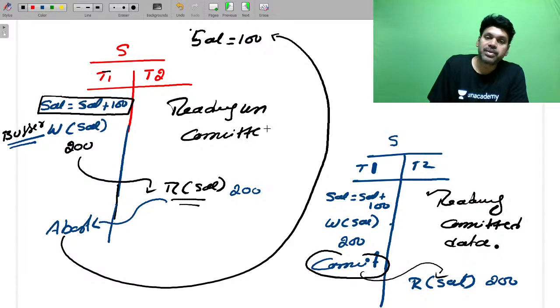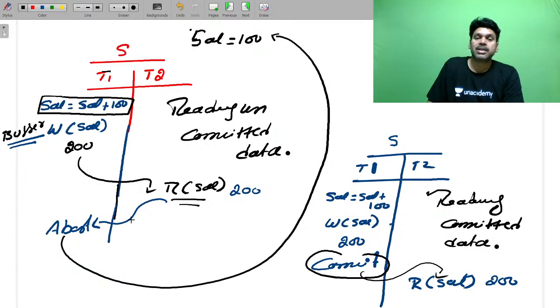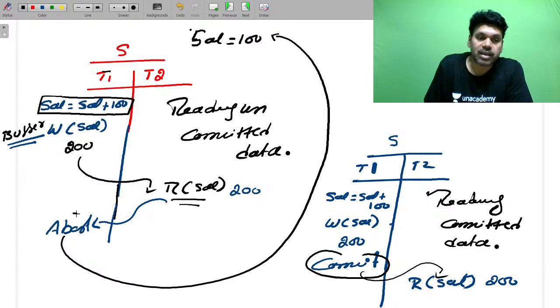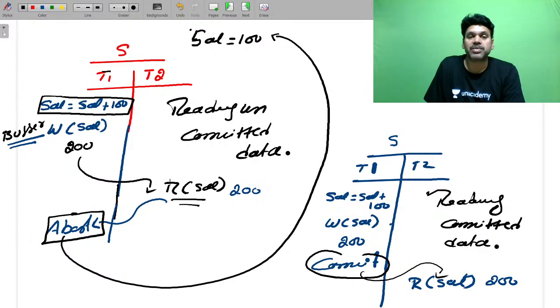So whenever you read uncommitted data, please observe that there may be a chance of an abort statement. If the owner performs it, then automatically the value goes to the previous one. There may be a chance of irrecoverability, and there may be a chance of cascading rollbacks.